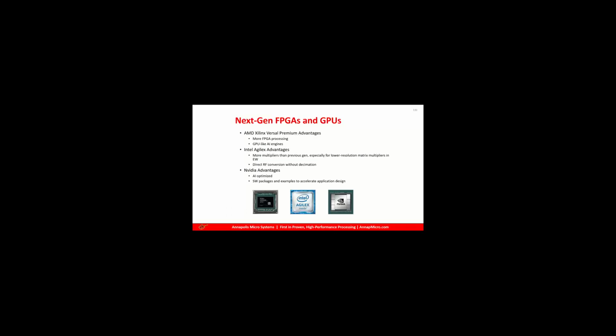So a few of the processors that are being used the most in these types of systems are FPGA processors like from AMD's Xilinx and Intel. And the next generation of those are having some other advantages, like more GPU-like vector-based processing, as they call them, AI engines, and this direct RF conversion that I addressed, but also more and more GPU processing for machine learning and things like that.